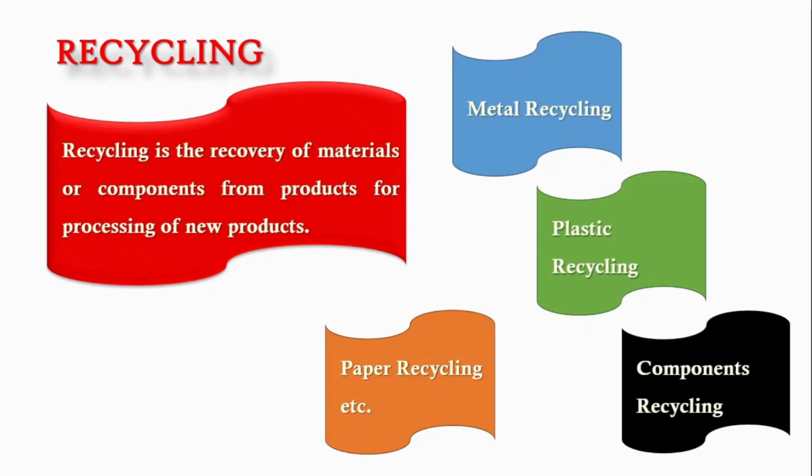Okay, so now let's move to the next topic, and what is that? Design for recyclability. Remember, whenever we are talking about design for recyclability or design for manufacturing, the last term is our objective, and here we are talking about design for recyclability. So recyclability is our objective.